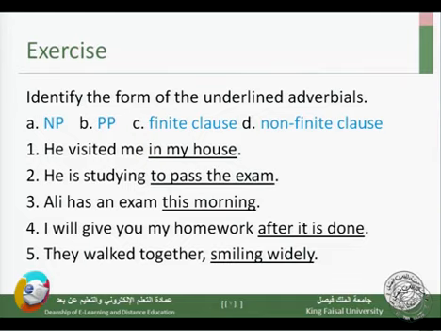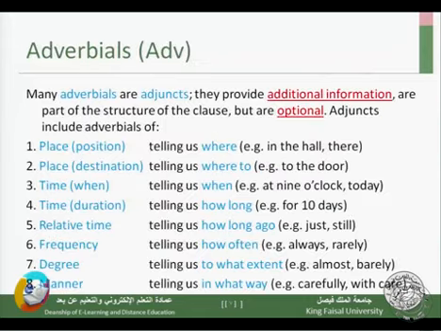In this case it is a clause that gives us manner. How did they walk together? They walked together and they were smiling widely. So the choice for number 5 is a clause, and as we said, the present participle, the verb plus ing, is non-finite, so the choice is D, non-finite clause.